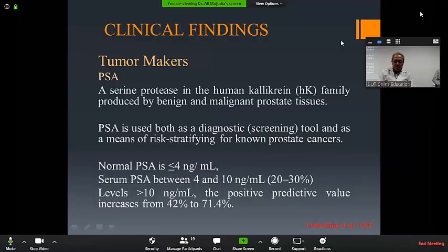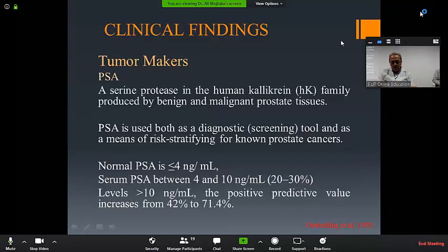Whenever we take any range of normality, we always take into consideration age. If somebody is a male aged 45 years and below, the PSA level is less than 2.5.